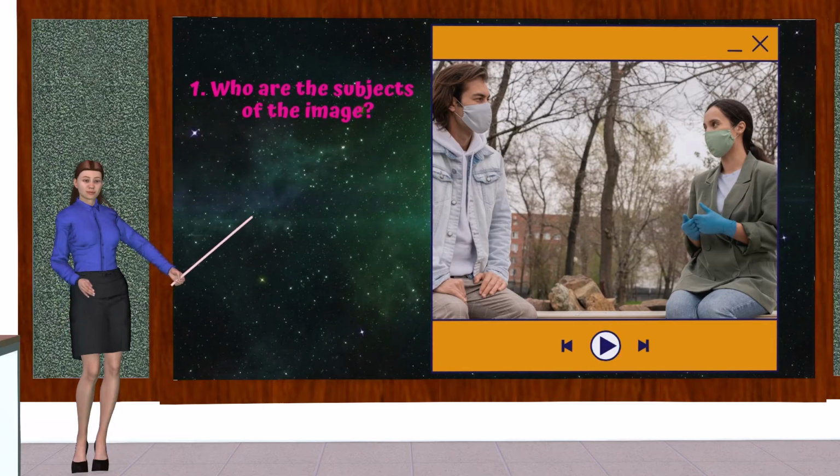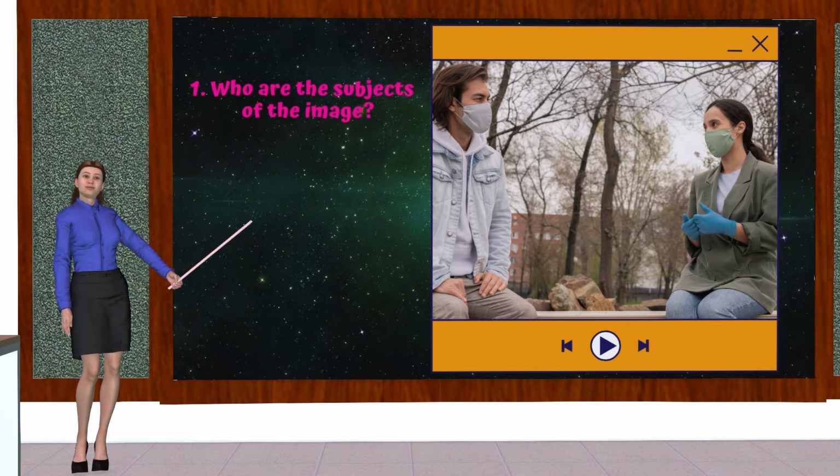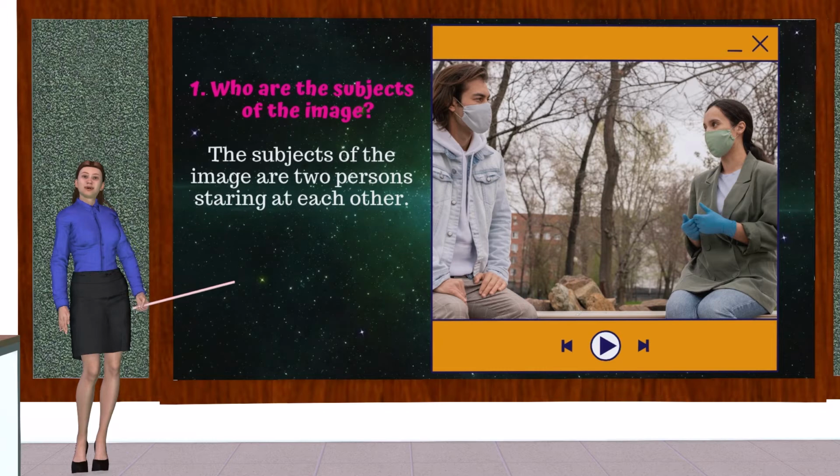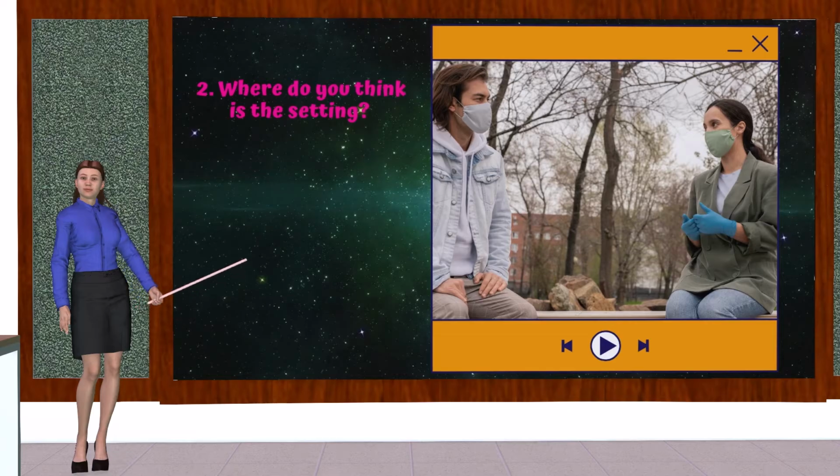Now for question number 1, who are the subjects of the image? That's right, kids. The subjects of the image are two persons staring at each other. Now let us try question number 2. Where do you think is the setting?